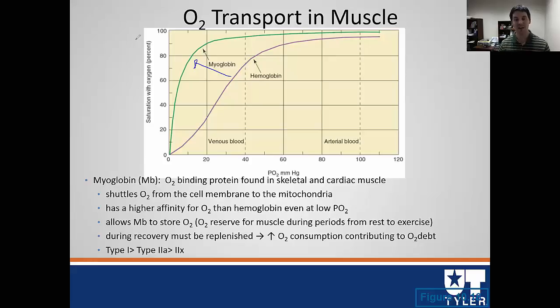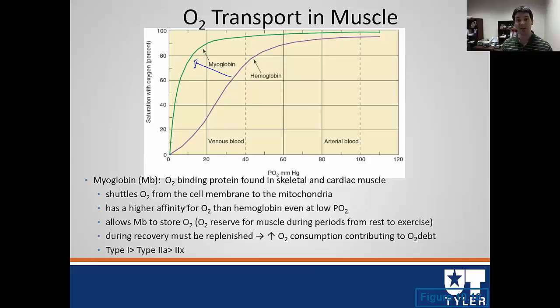So it has to have a higher affinity for oxygen than hemoglobin in order to grab it away, right? We're only going to move from higher partial pressures to lower partial pressures, and so myoglobin is going to grab it, right? This allows myoglobin to store oxygen and even reserve it in periods of rest, right?